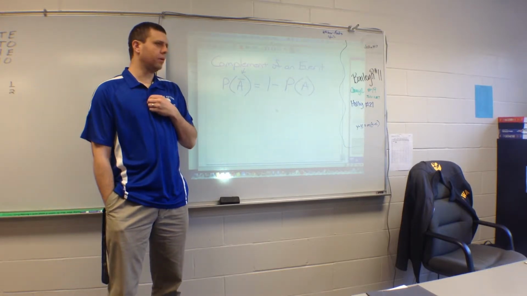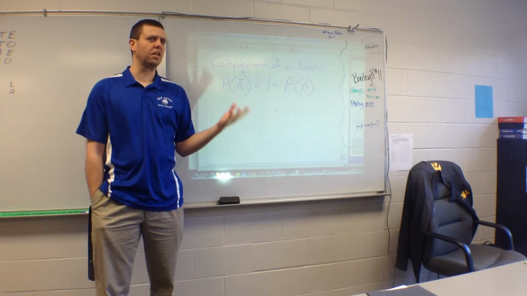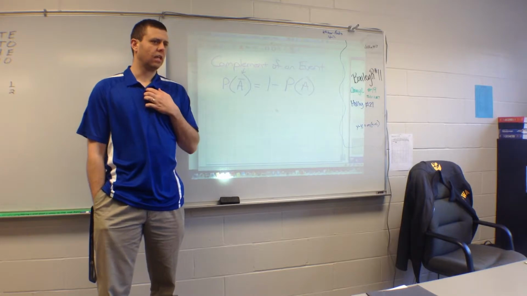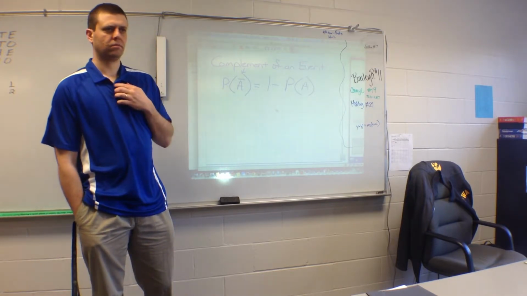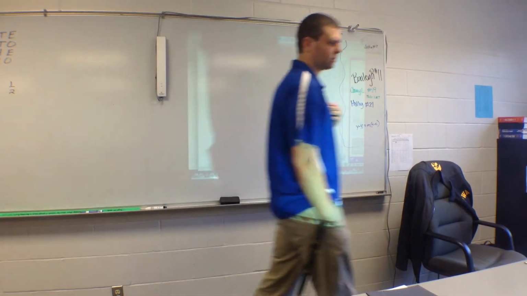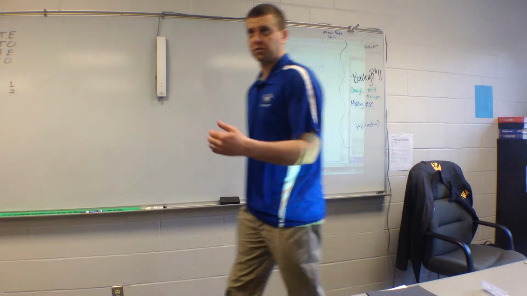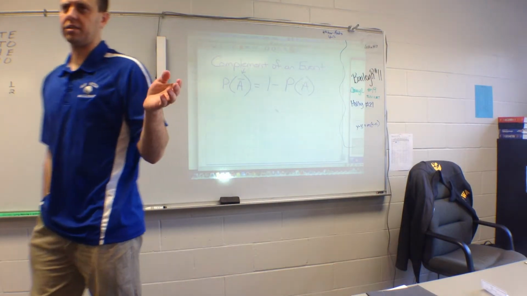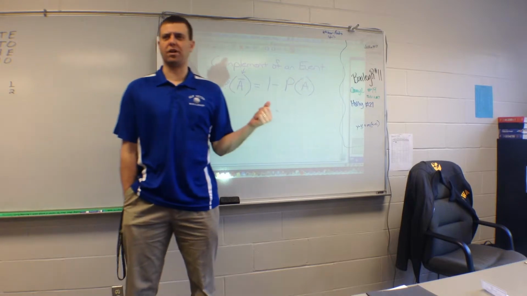What is the probability of you rolling a dice and getting a number that is less than 6? 5 out of 6. You could either do one of two things. You could figure out how many numbers are less than 6. Could be 5 of them. Or you could just figure out how many numbers are 6 or more.